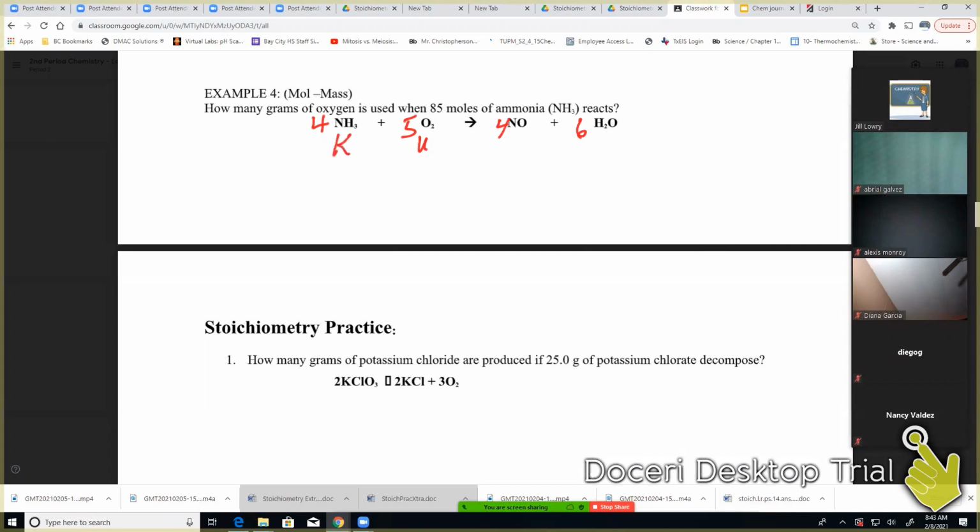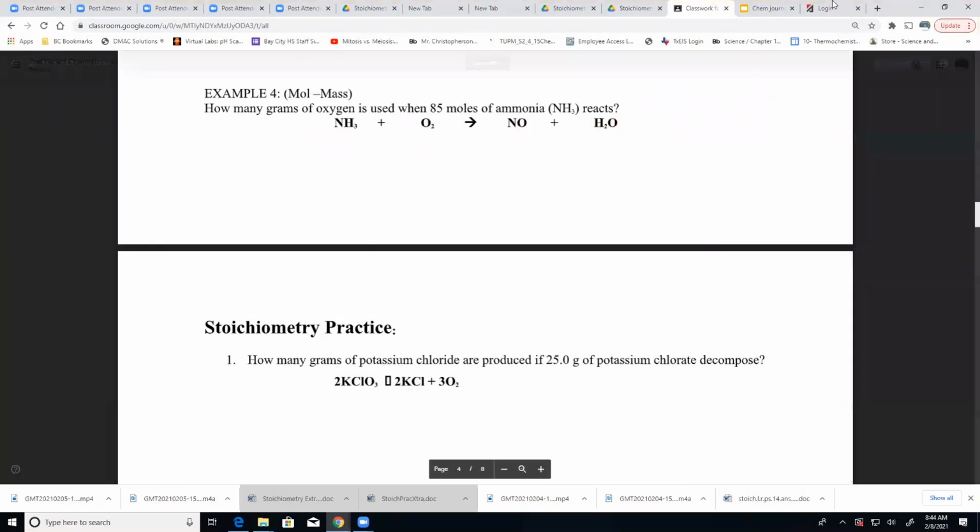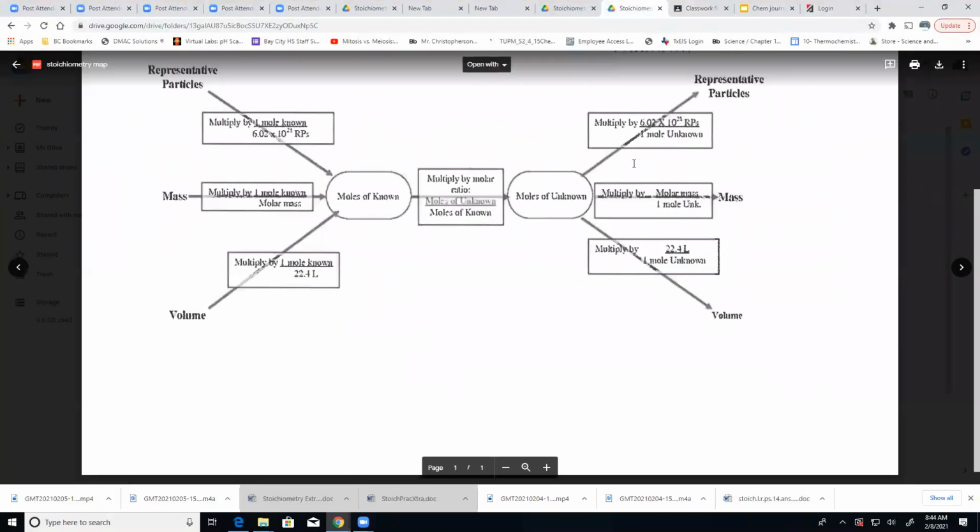So ammonia is my known. I don't need this or this. So my given is in moles, and I'm trying to get to grams. So this is a mole to gram problem. I'm going to start a little bit different place on my sheet. All right. Let me get over here to my little cheat sheet.